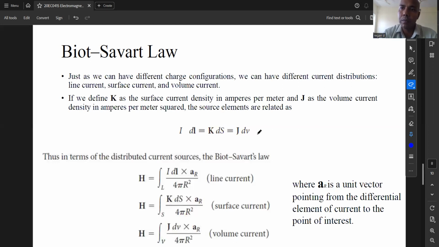According to that, we can write the Biot-Savart law equations. For example, line current is I dL, surface current distribution is K dS, where dS is the differential surface area, and the volume current distribution is J dV. Thus, in terms of distributed current sources, the Biot-Savart law can be written in different forms.